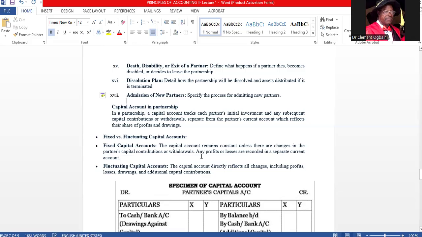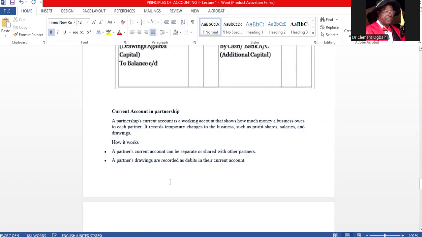If a partner makes any drawing, takes money from the company, it goes to reduce the partner's contribution. And also, a partner can decide to increase his ownership by contributing more capital. All those changes affect the account. If it affects the account, we cannot say it's a fixed capital account. So you either use the fixed capital account or the fluctuating capital account.